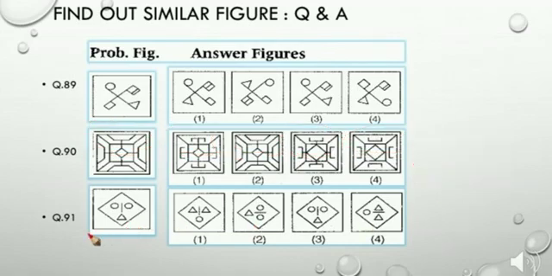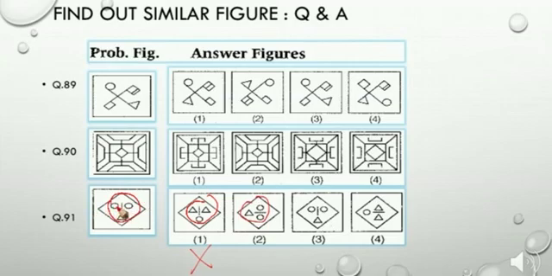Let's go to question number 91. Let's check for this inside diagram. Is it the same in option 1? Let's check. In the first place there is a circle, it is a triangle here, so not correct. Let's check option 2. This portion and this portion.